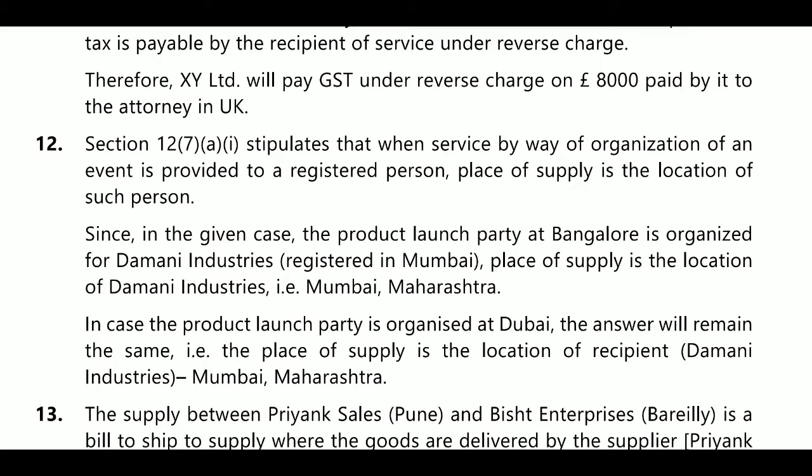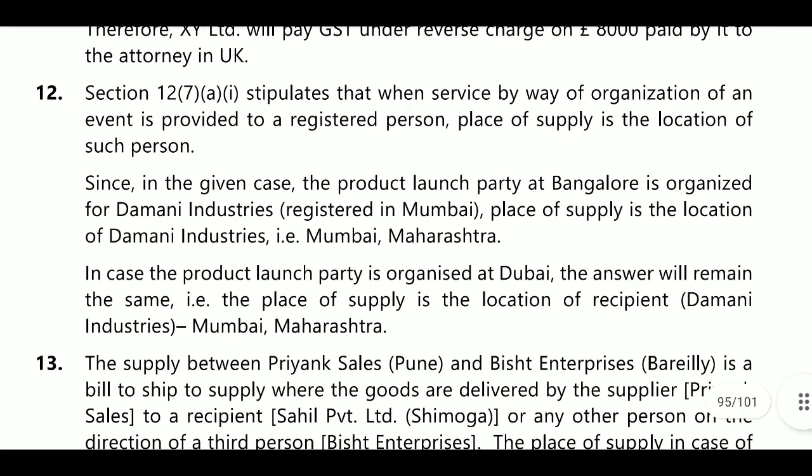Next, since in the given case a product launch party at Bangalore is organized for Adoni Industries registered in Mumbai, that is the recipient, the place of supply is the location of Adoni Industries, that is Mumbai, Maharashtra.